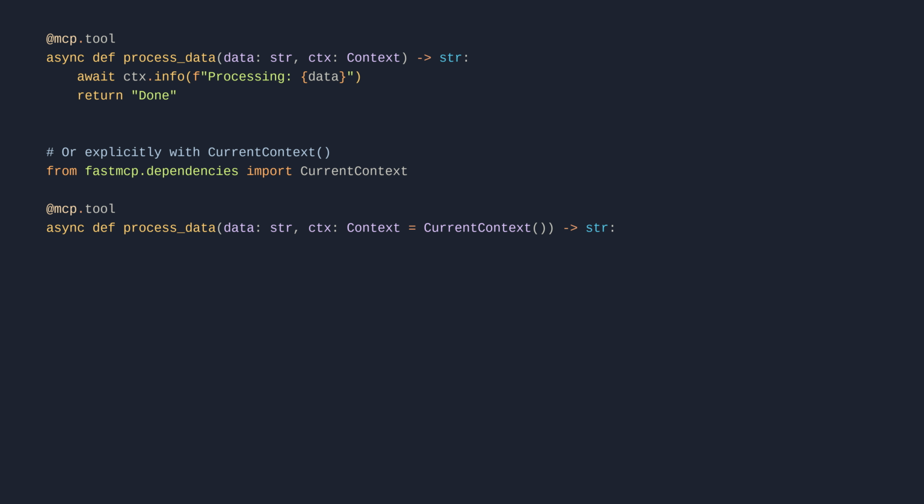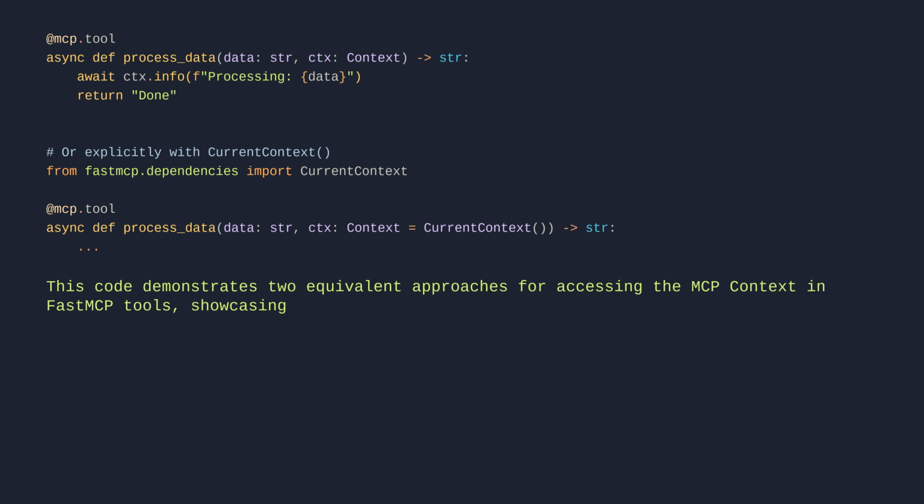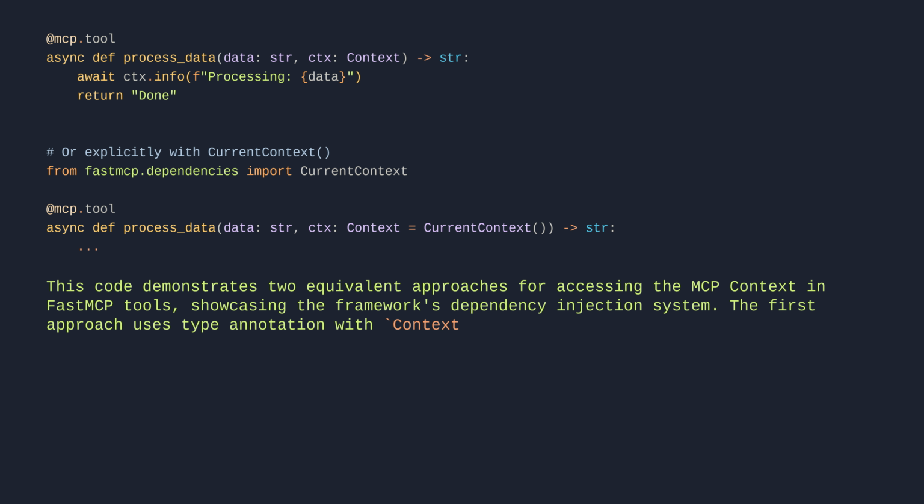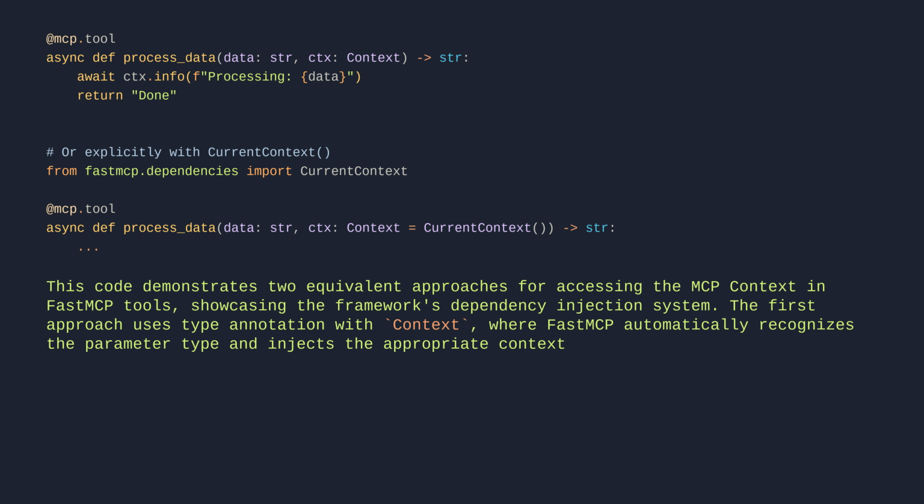This code demonstrates two equivalent approaches for accessing the MCP context in FastMCP tools, showcasing the framework's dependency injection system. The first approach uses type annotation with Context, where FastMCP automatically recognizes the parameter type and injects the appropriate context object.